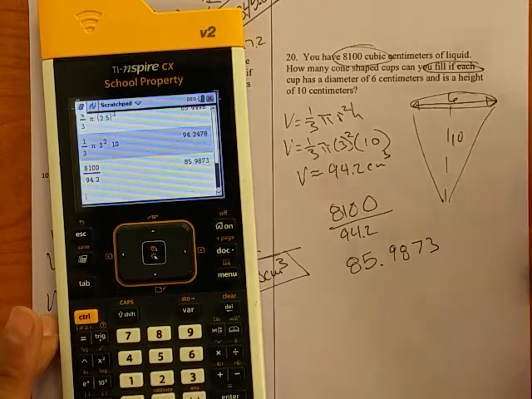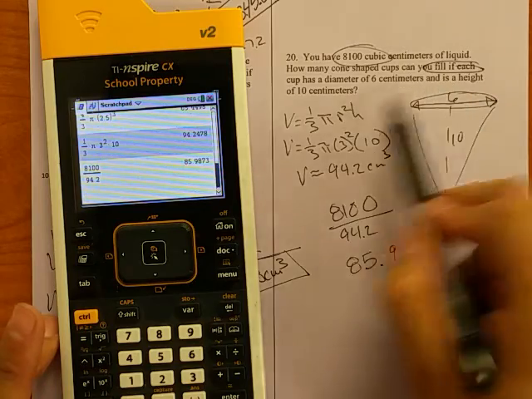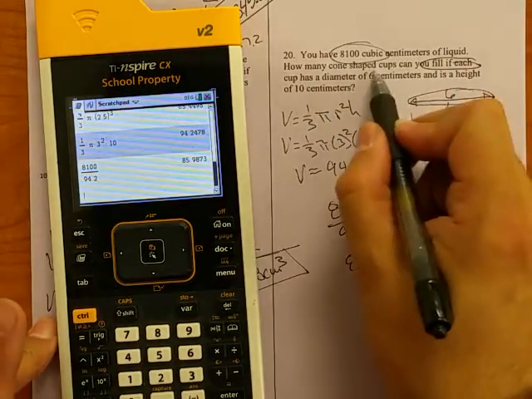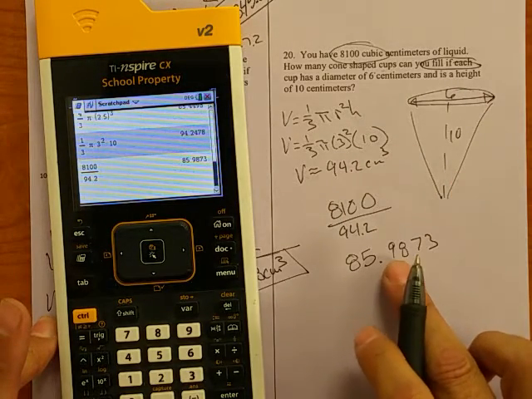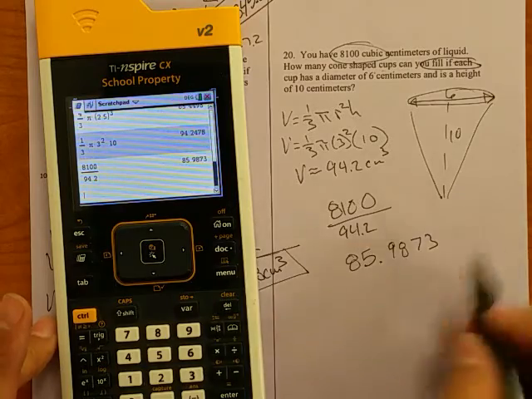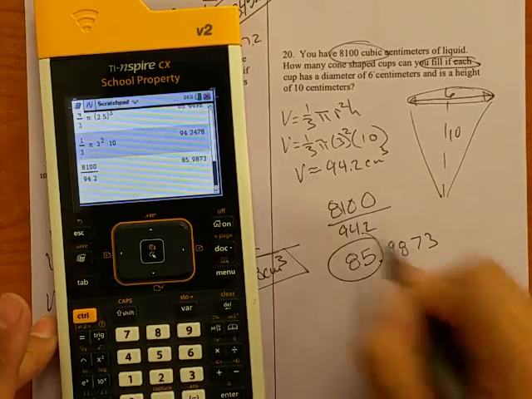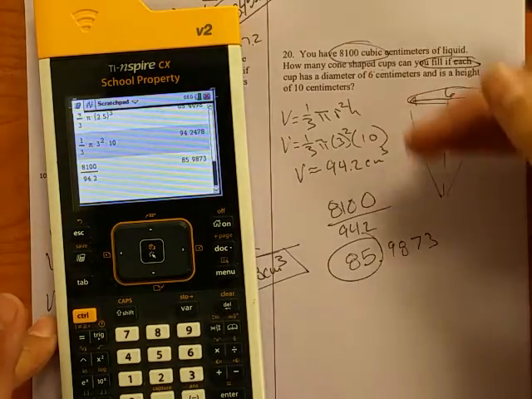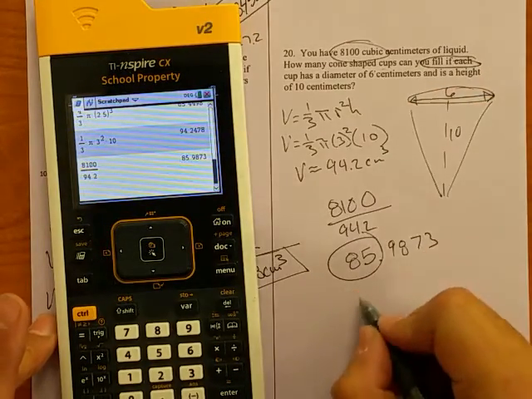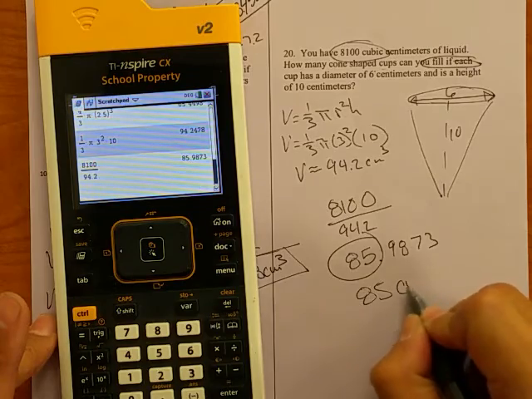There's a reason why I'm doing this. How much will it fill? It doesn't say where to round, but how many cups can you fill? So that 0.9 is not full. So it's only going to fill this number right here. When it's asking you a question like this, it's only asking for how many full ones. So this is 85 cups.